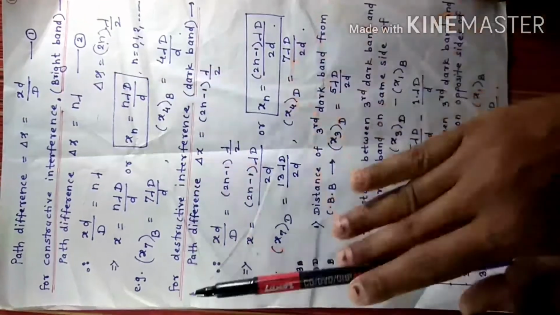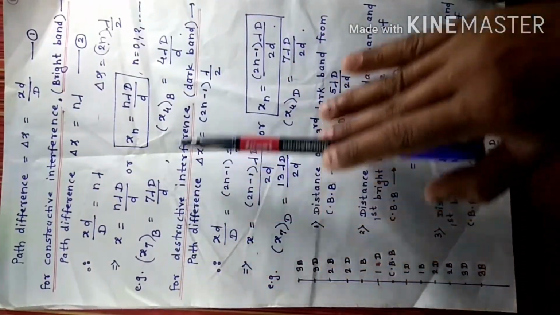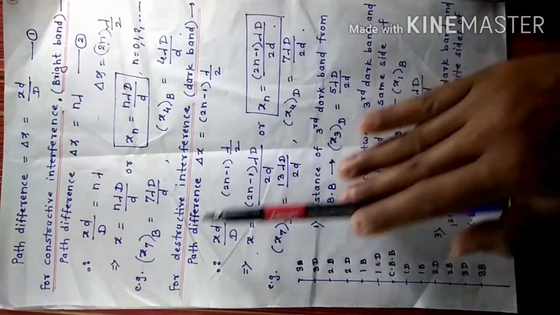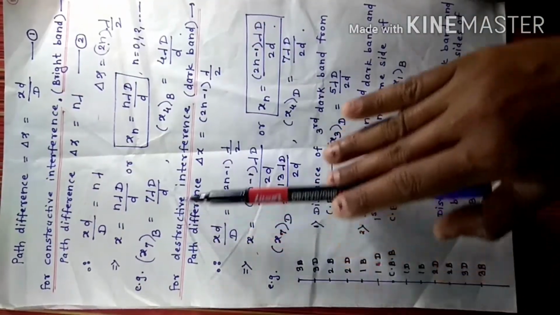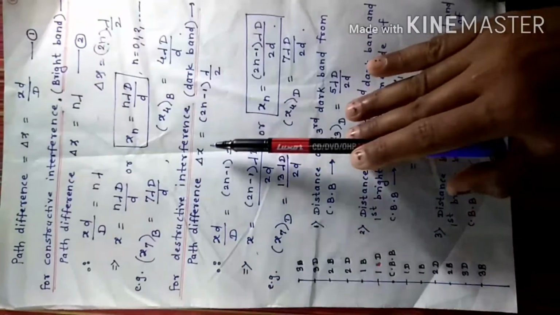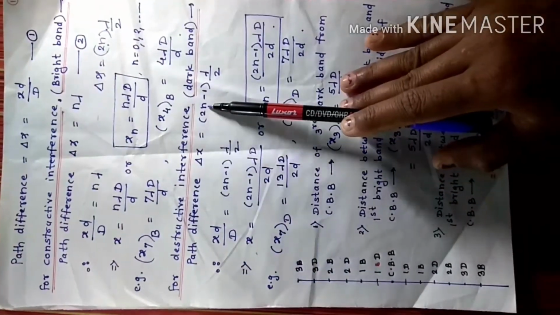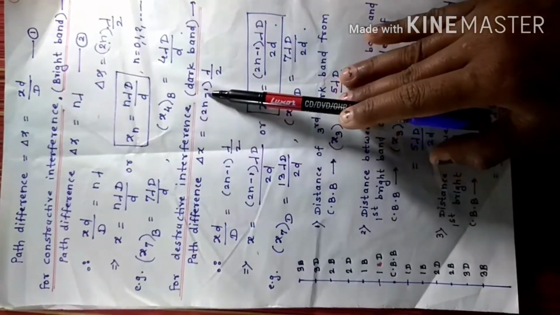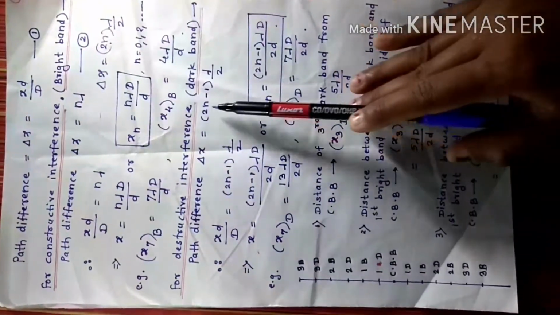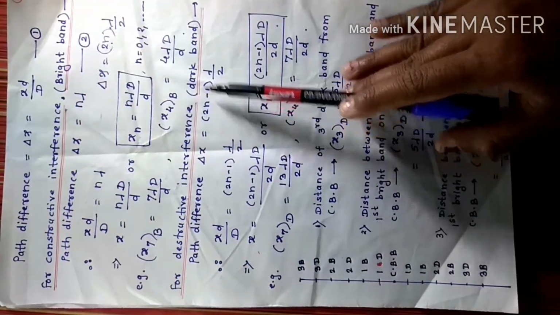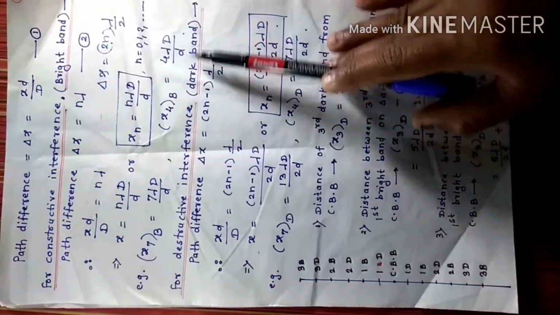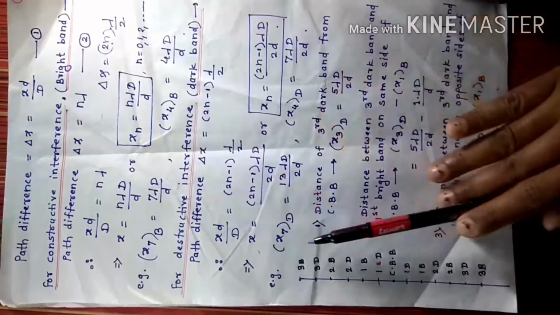In the same way, we can write for destructive interference, or the dark band. If the path difference between the two interfering waves equals an odd integer multiple of lambda by 2, where twice n minus 1 is the odd integer, then we get the dark band, or destructive interference.